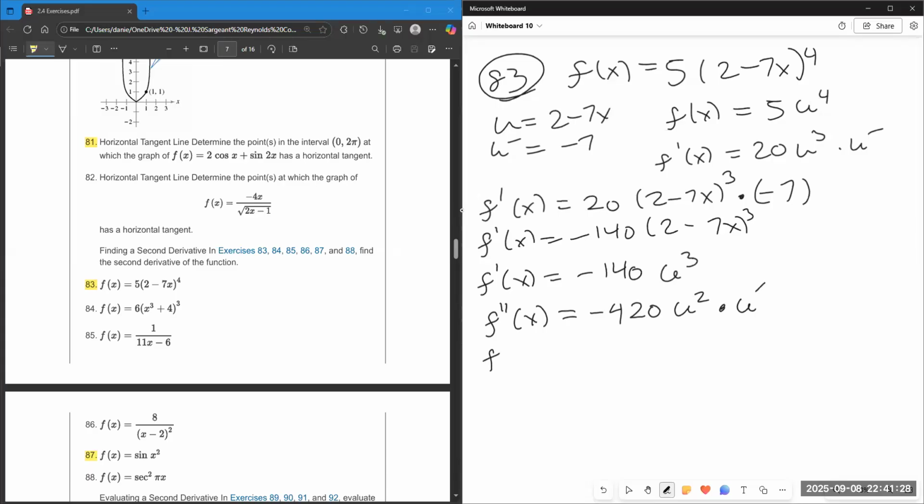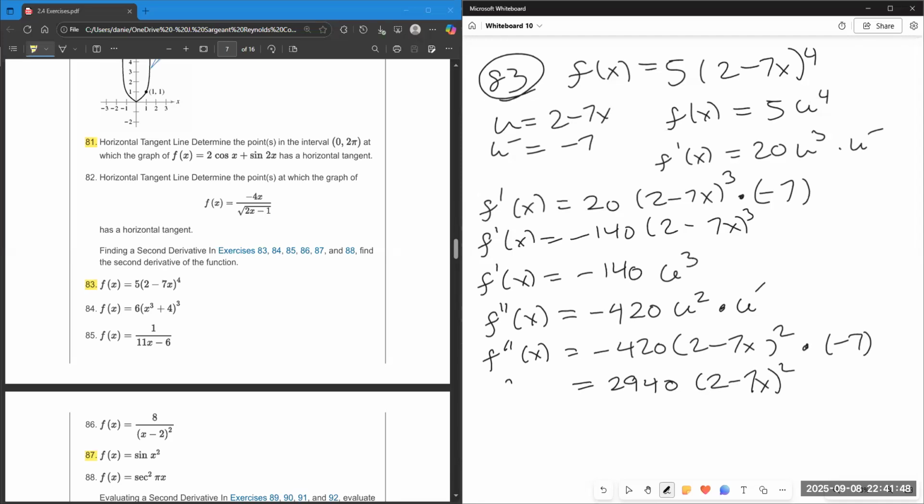So f double prime of x is -420 times 2 minus 7x squared times -7. That gives me 2940 times 2 minus 7x squared for my second derivative. Let's look now at number 87.